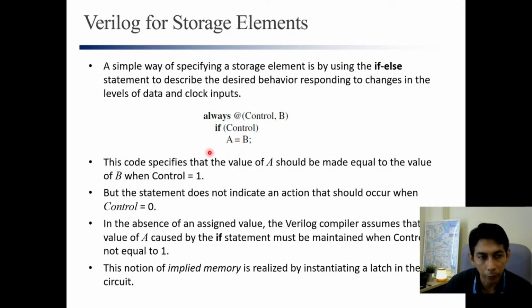But if you write this way, the Verilog compiler will assume that if the signal control here is equal to 0, the output A will remain at the previous value. So this implies memory. It will be something like this.